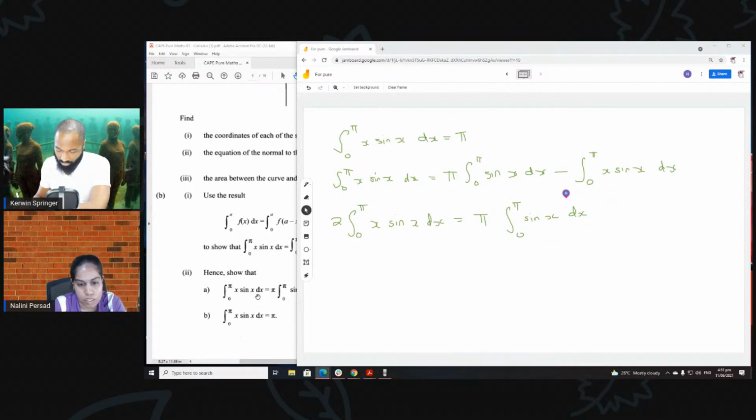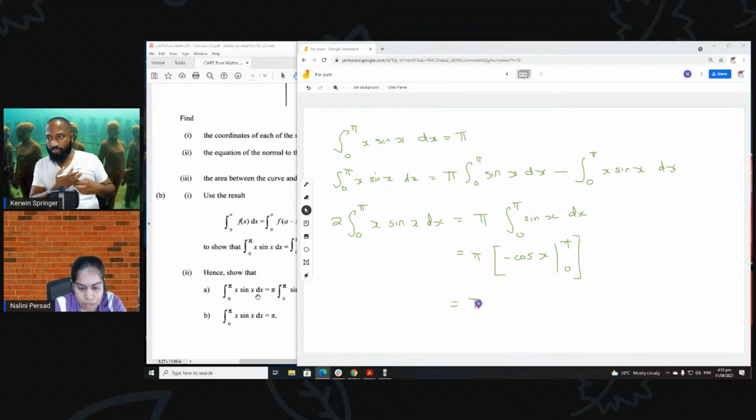So we're going to do this part now. So the integral of sine x is negative cos x. Don't forget this. Between pi and 0. We can keep the constant pi outside. So we're going to substitute the upper limit first. So you have minus cos pi minus cos 0. Right? So cos of pi will give you -1.